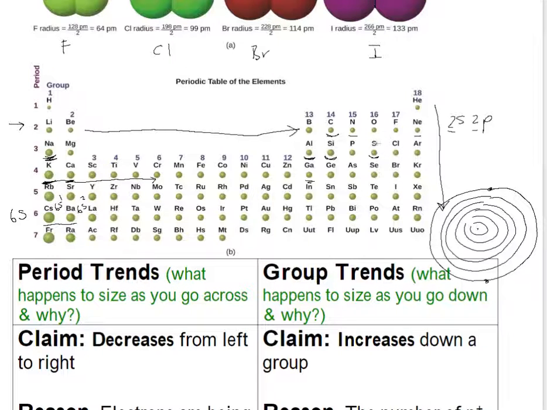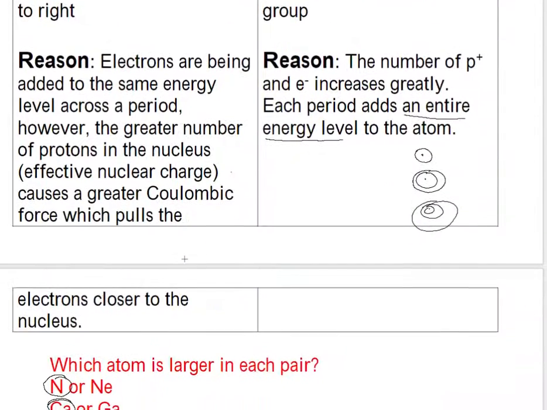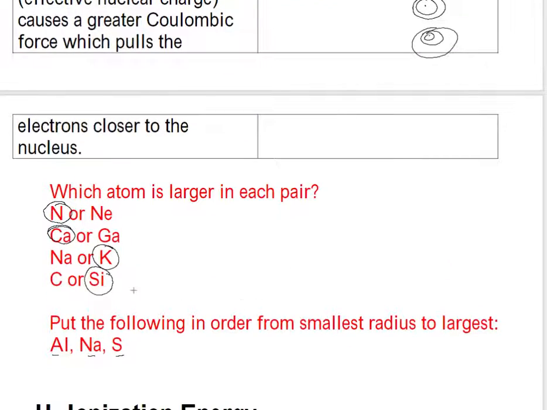So that means the smallest will be S, followed by aluminum, and then sodium is the biggest because it's the farthest to the left. Okay, so S is the smallest, followed by aluminum, and sodium is the biggest, in terms of their radius.